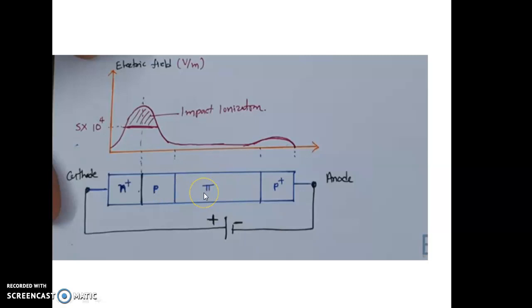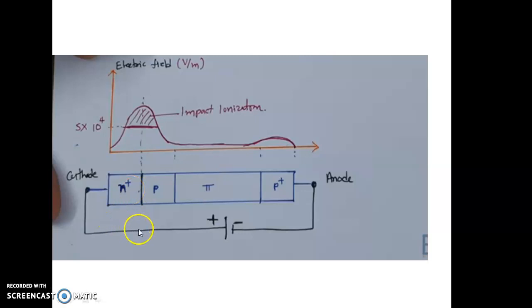These charge carriers residing in the pi region will collide with the holes of the P region next to the pi region. Here the depletion layer forms, and the charge carriers move from P to N plus. The majority carriers are holes in P type and electrons in N plus.